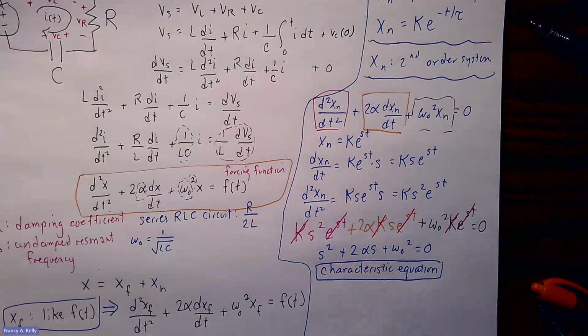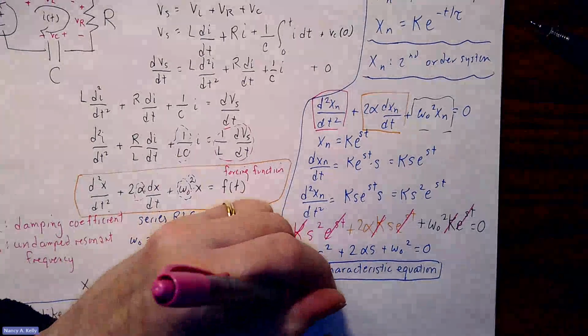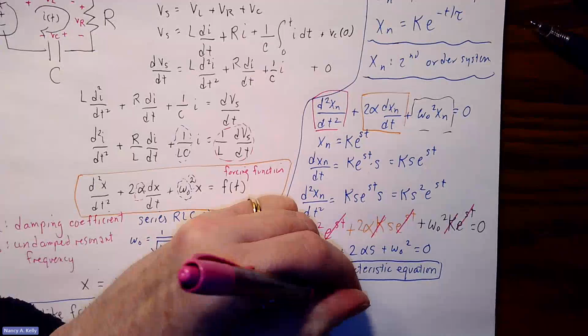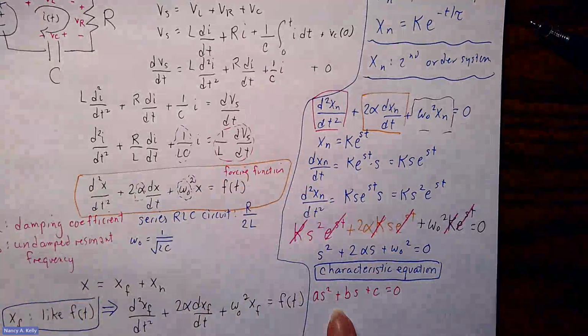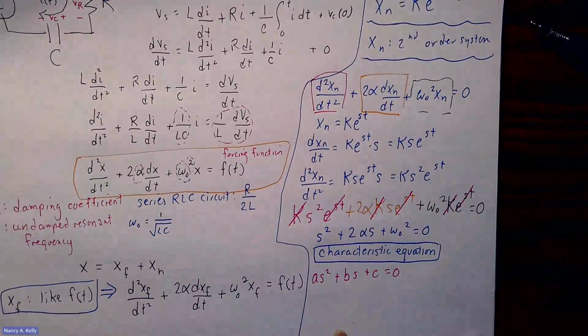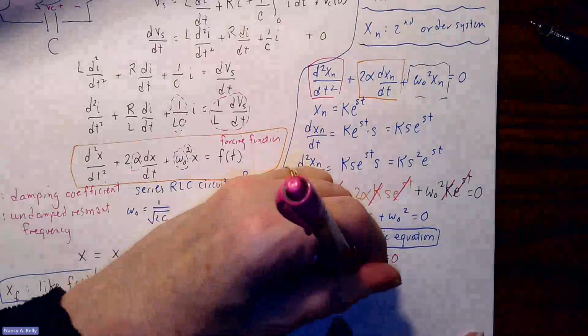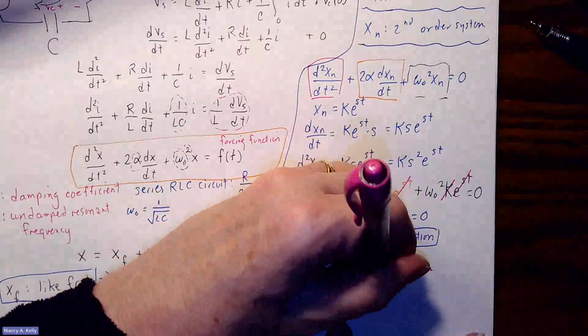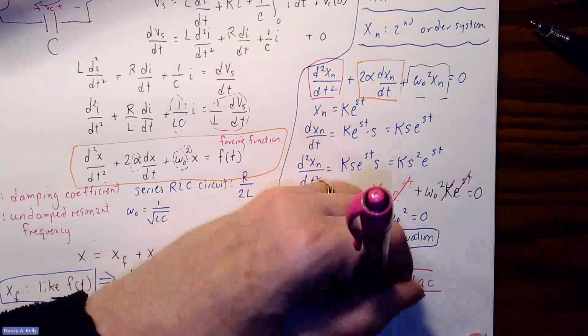So if you recall the quadratic equation, it's based on this idea that you have a s squared plus b s plus c equals 0. And you can figure out what s is using the quadratic formula, where s is equal to negative b plus or minus the square root of b squared minus 4ac, all over 2a.